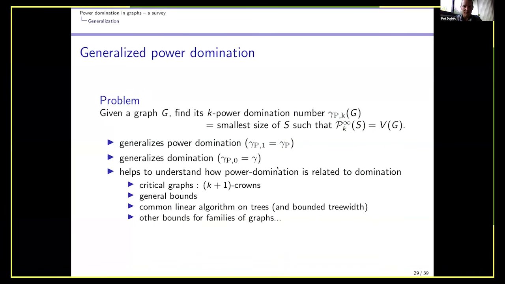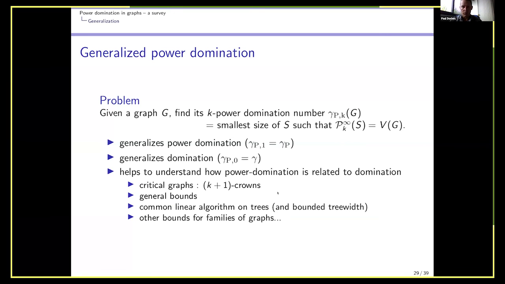What is nice in this generalization is that it generalizes power domination, where k is 1, the power domination number. If k is 0, it is the usual domination number. And we get some similar behavior from the power domination and the domination. So for example, the critical graphs.